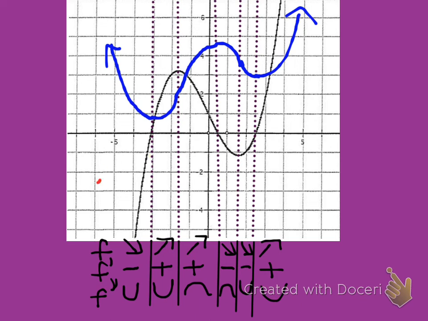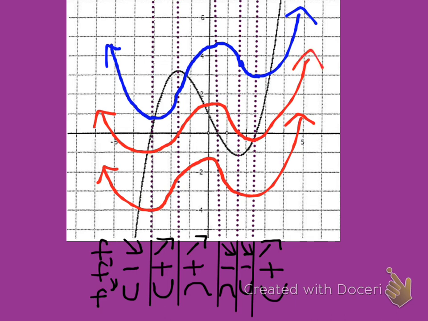It's not going to be super perfect, but if you would have drawn your graph there or even here, I'm just trying to quickly get the concavities. It would not be incorrect because we do not know exactly where this graph is.